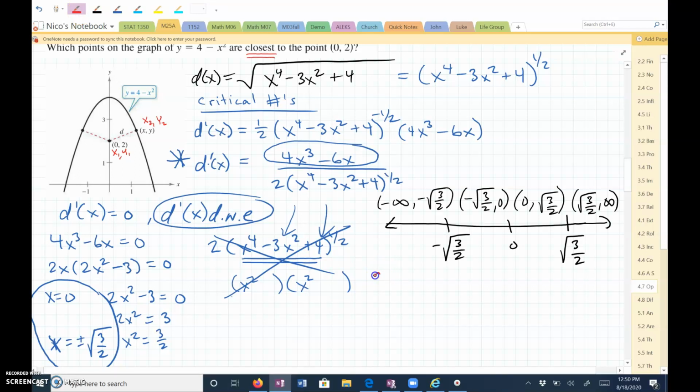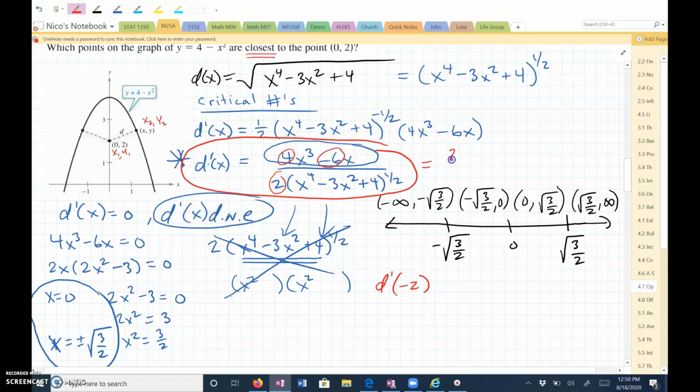So here, let's test negative 2. Let's simplify this a little bit. We can divide all these by 2.